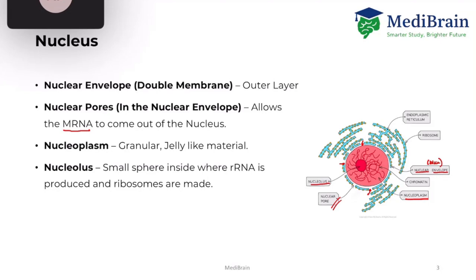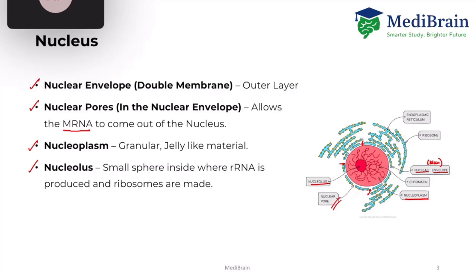Again, mRNA, rRNA we come across later on in a later unit, so I'm not going to focus on them in too much detail. But what you need to know are these four structures over here. Okay, the nuclear envelope, which is the outer membrane of the nucleus. We've got the nuclear pores, which are the gaps between the nuclear membranes, and that allows the transport of mRNA into and out of the nucleus, into the cytoplasm.